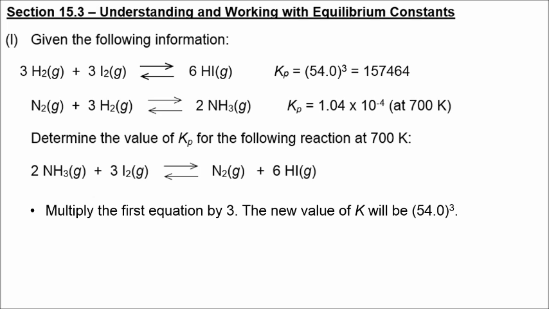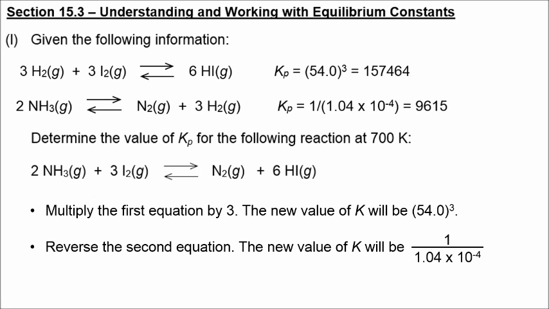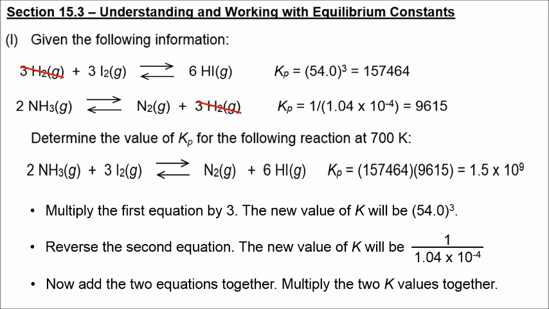If you flip or reverse the second equation, then the new value of the equilibrium constant would be 1 over 1.04 times 10 to the negative 4 power. And if you add those 2 equations together, then you would multiply the 2 values of equilibrium constant together. And when you do that, you get an equilibrium constant for the net reaction of 1.5 times 10 to the 9.